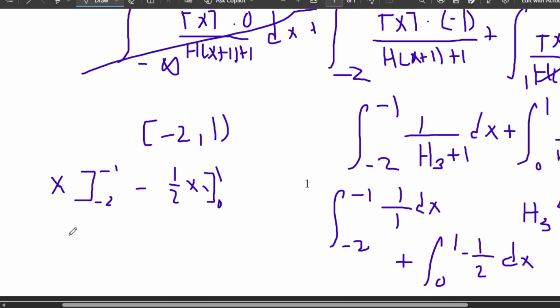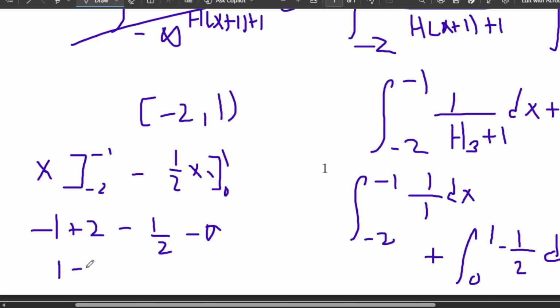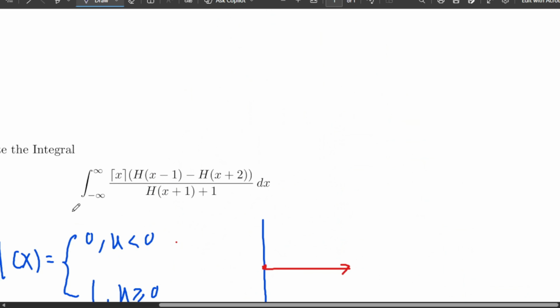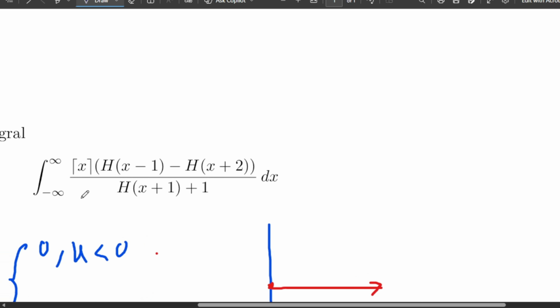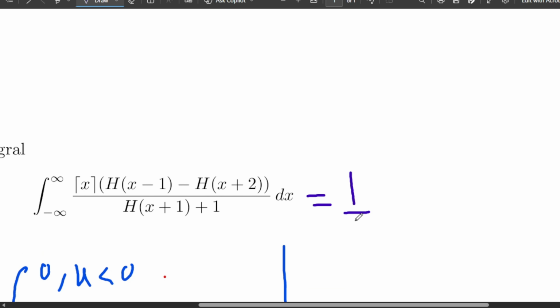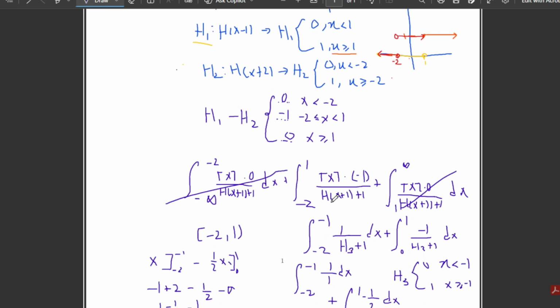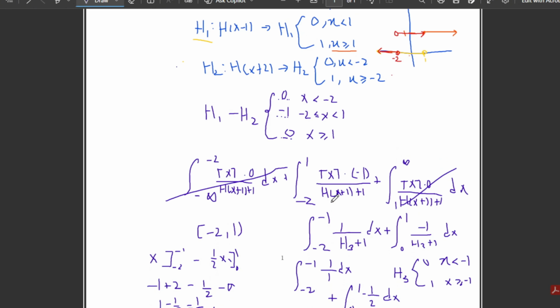So this one will be negative 1 plus 2 minus a half, and then minus 0. Negative 1 plus 2 will be 1, minus a half, and the resulting integral will be a half, or 0.5. So this integral from negative infinity to positive infinity will be a half. Okay, so I hope you enjoyed this video, and I hope to see you in the next video. Thank you.